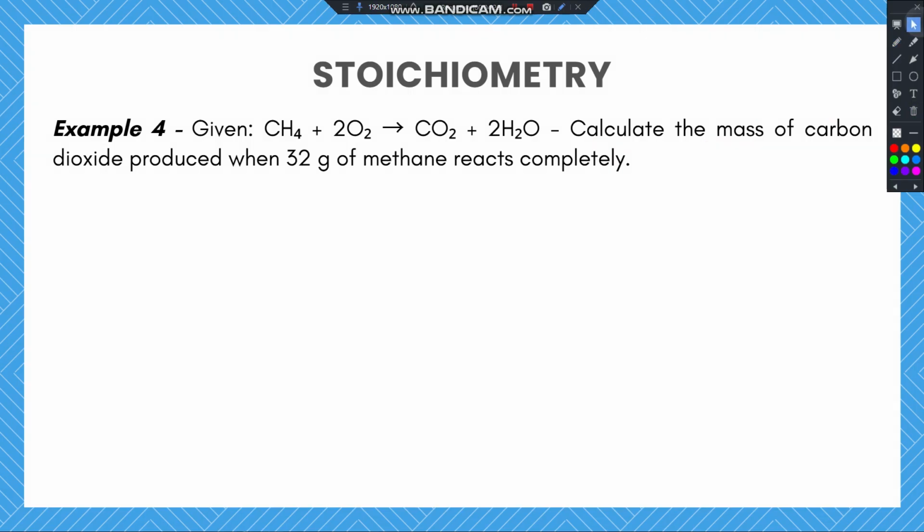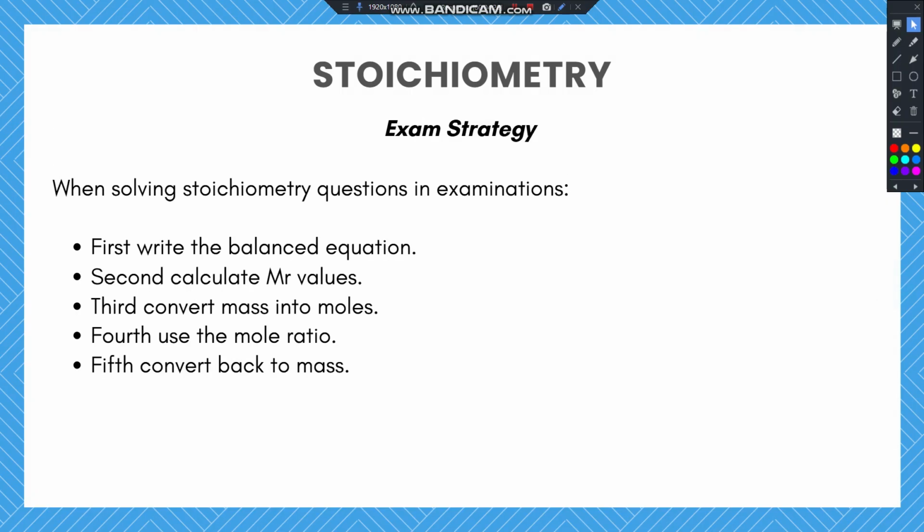I'm sure you saw how all these steps were applied in getting the answer to this question. So here's a brief snippet into an exam strategy that you can use. When you're solving stoichiometry questions in examinations, first of all, you write the balanced equation. Secondly, you calculate the molecular mass values. Thirdly, you convert that mass into moles. Then fourthly, you use the mole ratio.